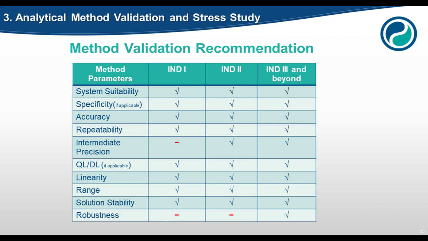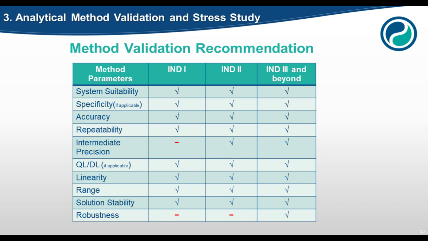FDA mentioned in their guidance document for R&D phase 1 that laboratory tests should be scientifically sound, specific, sensitive, and accurate, and they should be suitable and reliable for their specified purpose. If you discuss the requirement with FDA auditors, they will politely answer and use a magic word, validatable, for this requirement.